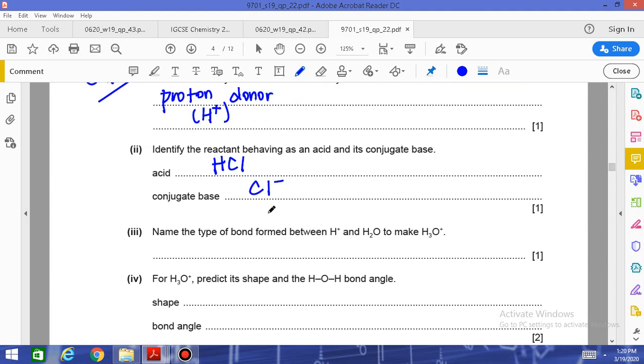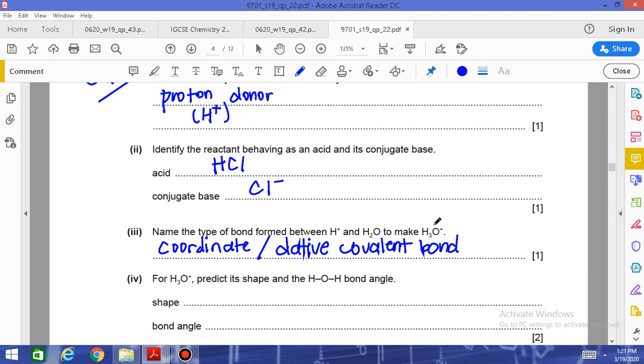Next, name the type of bond formed between H plus and H2O to make H3O plus. The answer is coordinate or dative covalent bond.